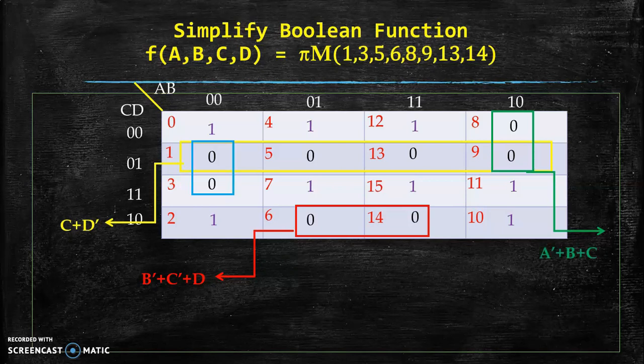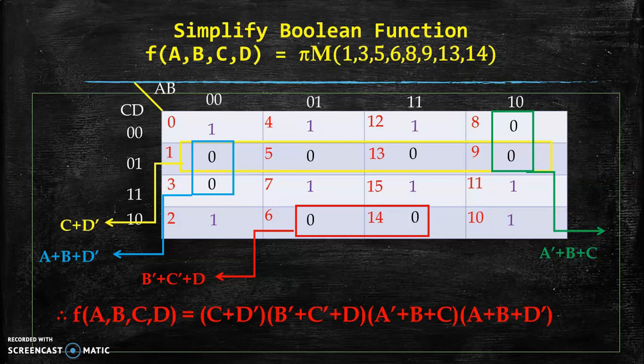For the another vertical pair, we can write A bar plus B plus C. And again, for the last vertical pair, we can write A plus B plus D bar. And the final simplified Boolean function can be written as f of ABCD is equal to. We have to take all the sum terms and multiply them to make the final simplified Boolean function.